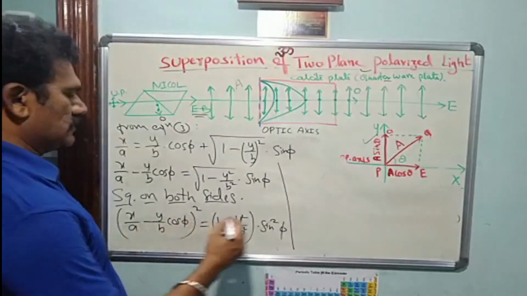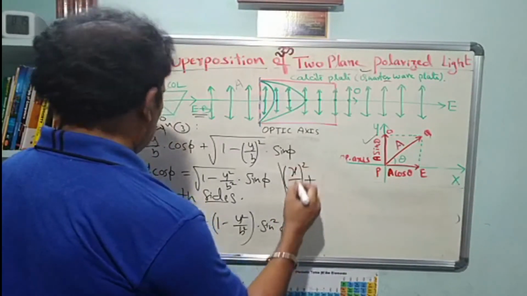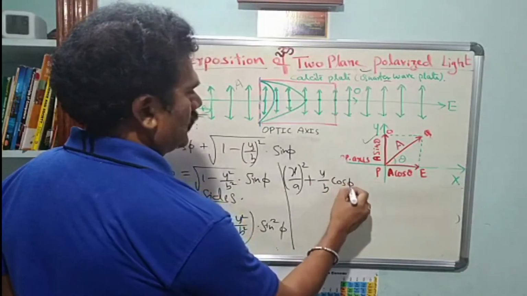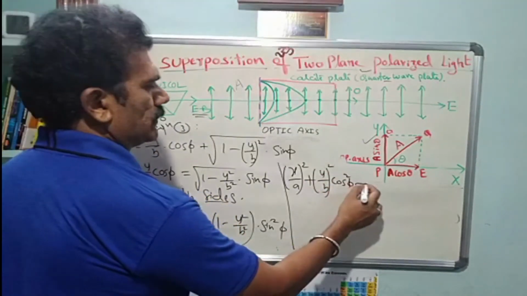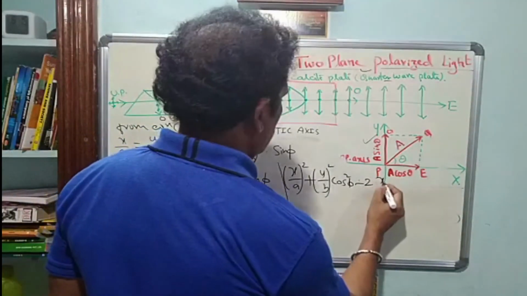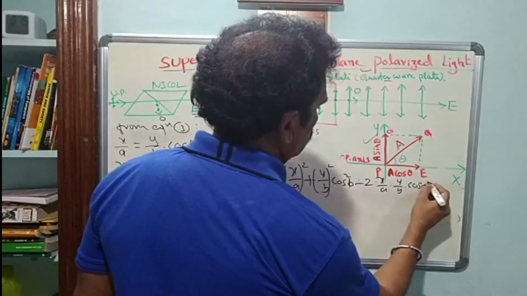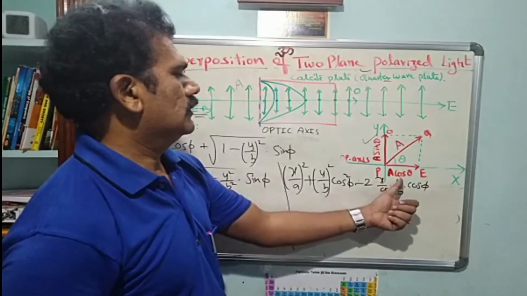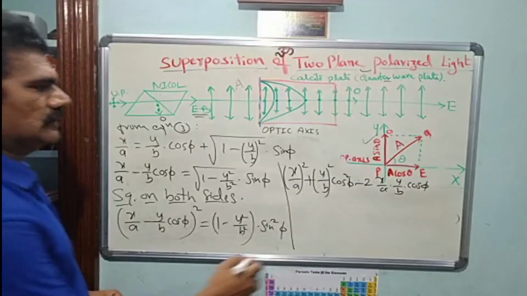Split form of a minus b whole square is x by a whole square, plus y by b cos phi, so I'll write it as y by b whole square cos square phi, minus, because there is a minus sign, 2 times x by a into y by b into cos phi. So that is the split form of a minus b whole square only, nothing else.